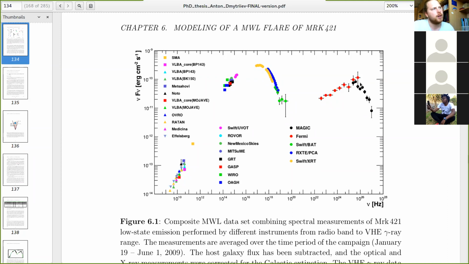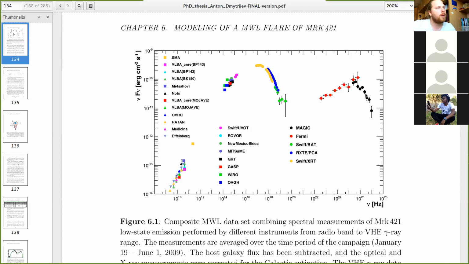I first found out the state of the source in the low state with no flares, and what's responsible for perturbing that state, and how we can generate flares. For that you need measurements in the low state and in the high state, and you can connect them.